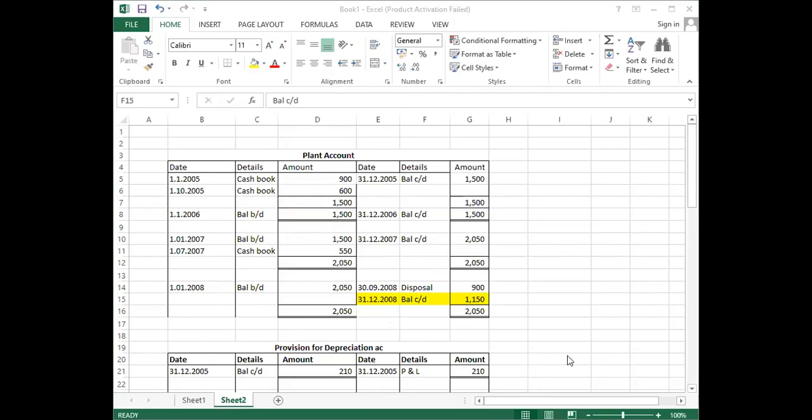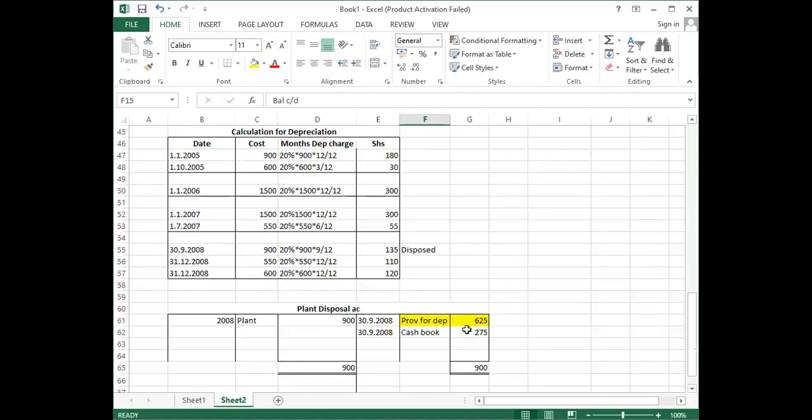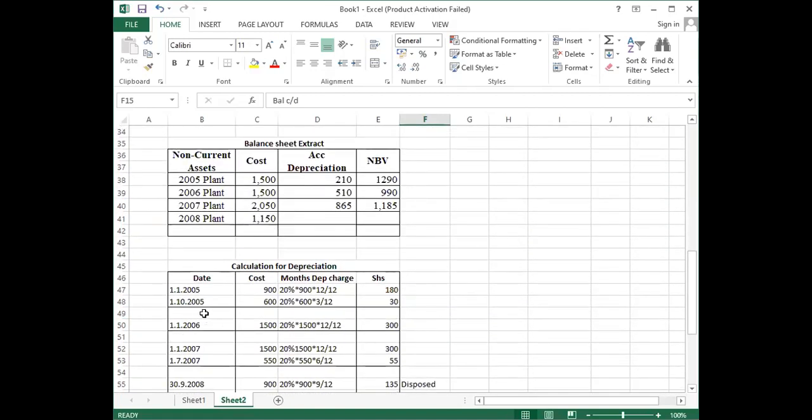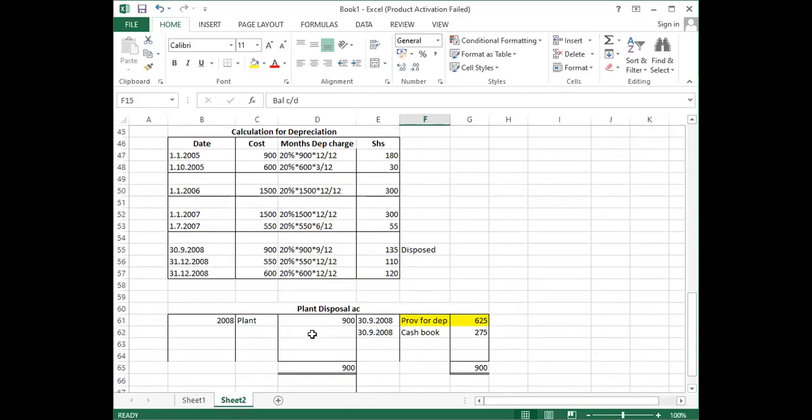I am very interested to know about this machine. This machine is very, very interesting. Someone is even asking where you have gotten 625 from. This is quite interesting.